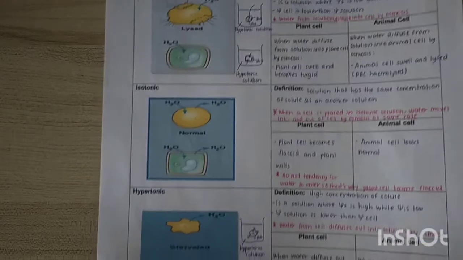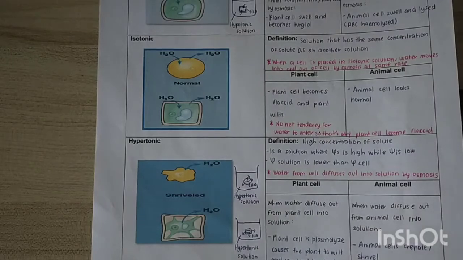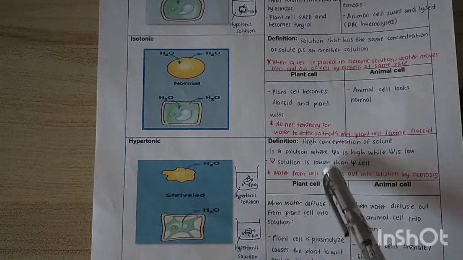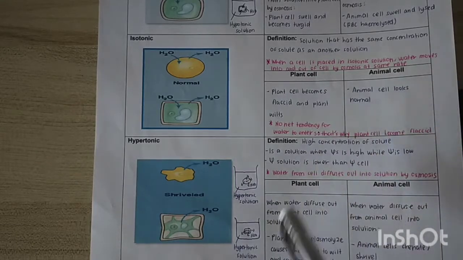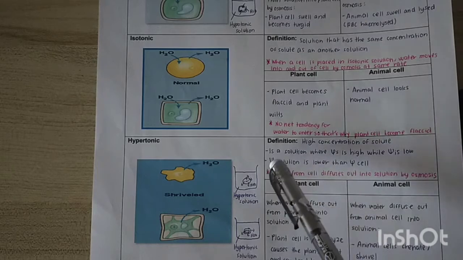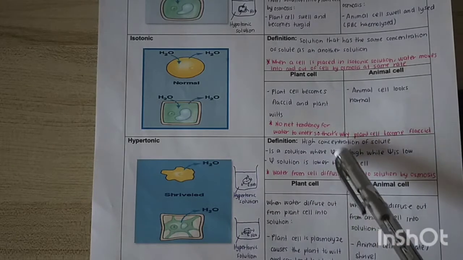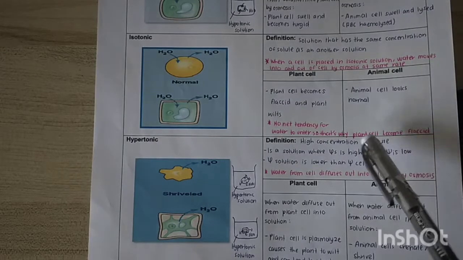And then the last solution is hypertonic. So what is hypertonic? It refers to the solution that has high concentration of solute. So bila concentration of solute ni adalah tinggi, it means that it refers to the solution where its solute potential is high while its water potential is low.